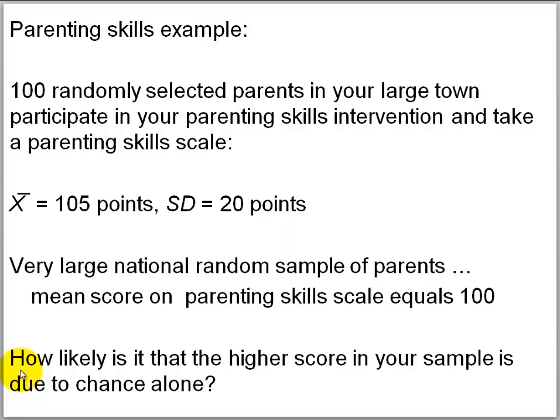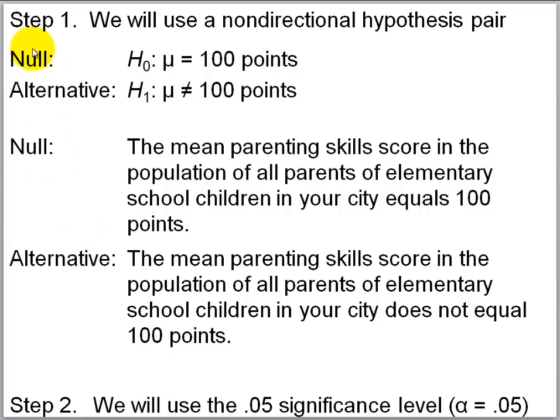Is this difference a large enough difference that we can be confident that it doesn't just reflect the effects of random variation? Well, let's go forward with our hypothesis testing model. So step one calls for us to state the hypothesis pair, and let's use a non-directional pair, and our null hypothesis is going to be that the mean of the population on which our random sample was selected is 100 points.